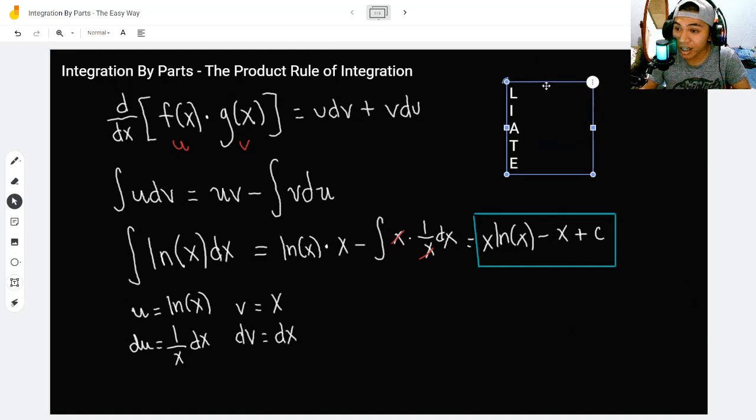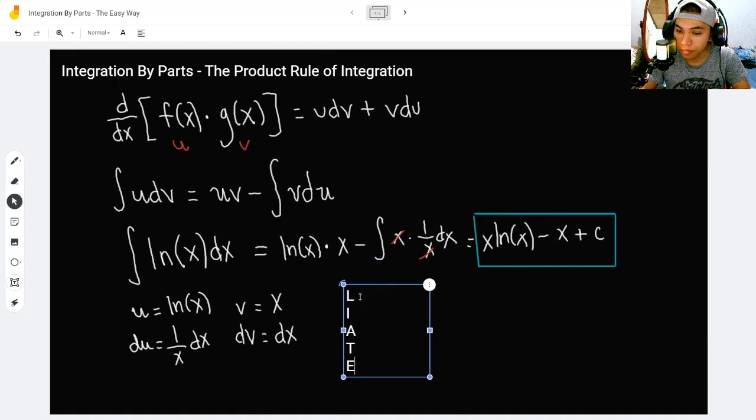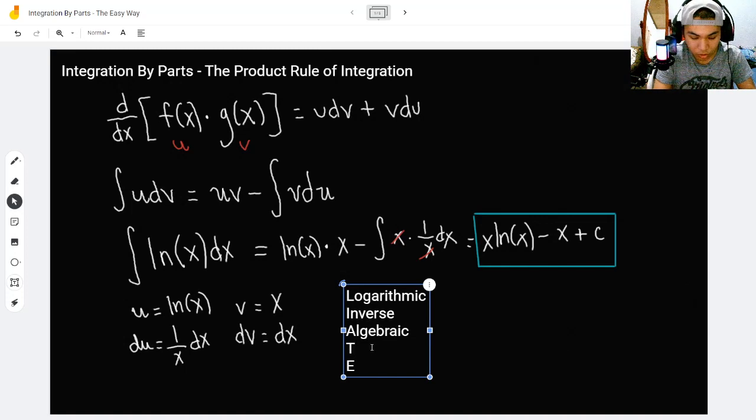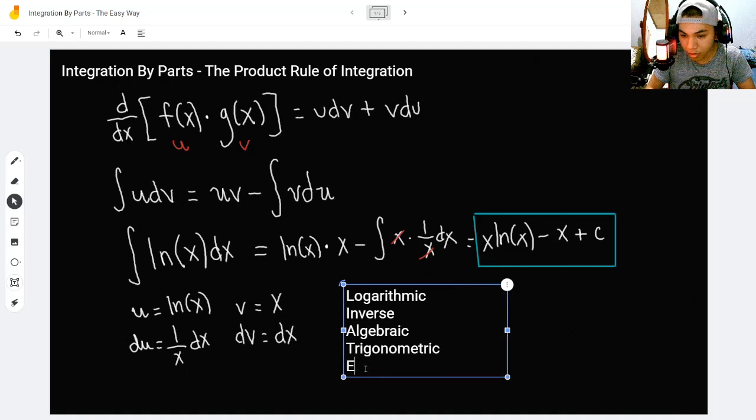And it basically stands for logarithmic, inverse, algebraic, trigonometric, and exponential.